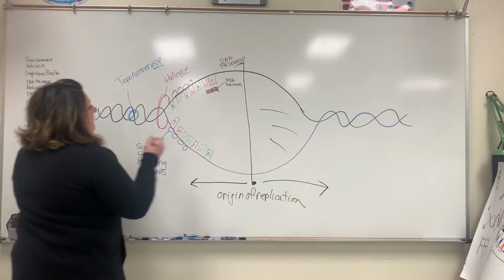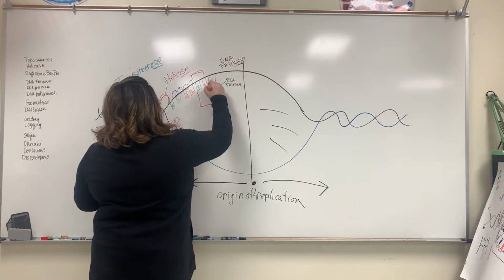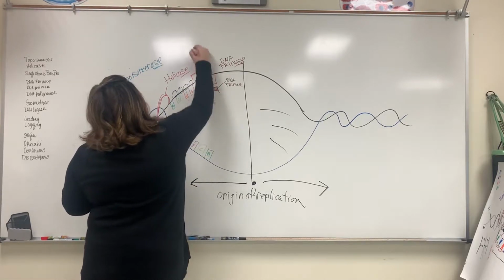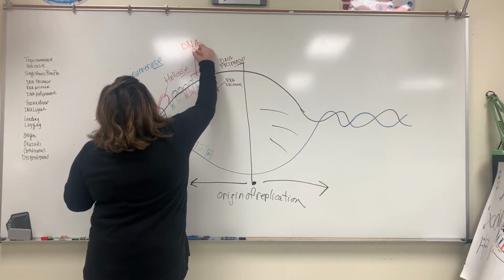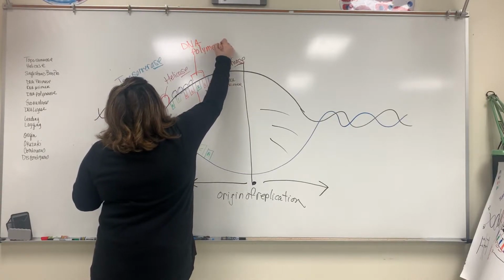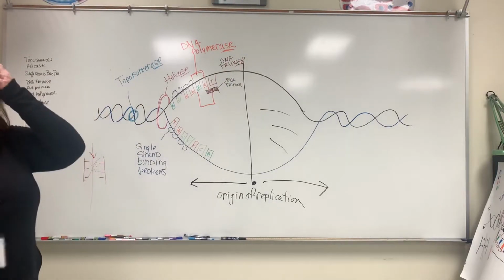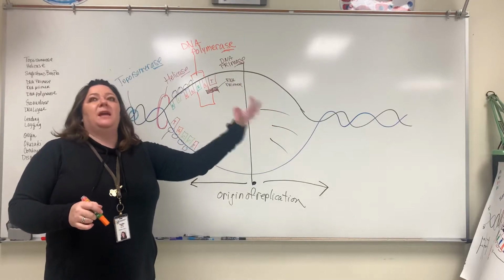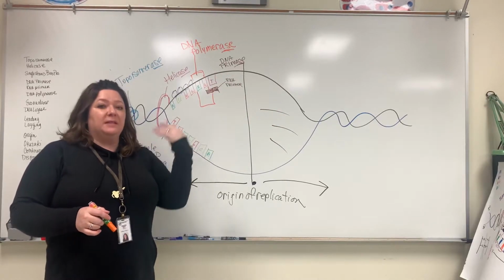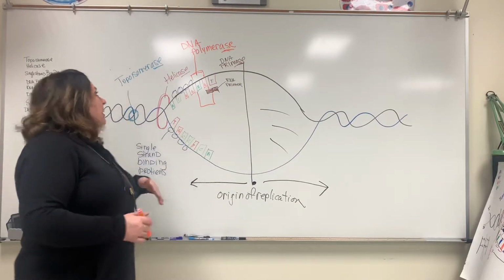And the big guy is DNA polymerase. DNA polymerase's job is going to be taking the nucleotides out of the cytoplasm and picking the right ones, because they gotta go in order, and putting them in order, okay?